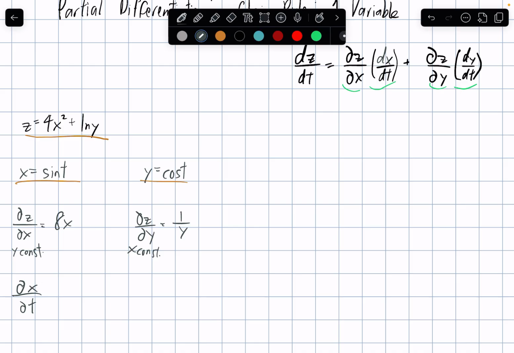That's what I'm teaching you. Partial x over partial t: the derivative of sine t is going to be cosine t. And partial y over partial t is the derivative of cosine t, so negative sine t.